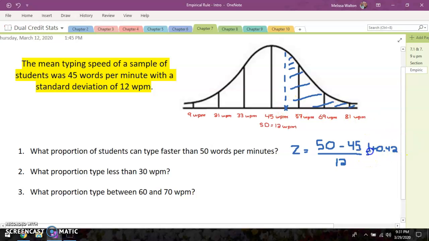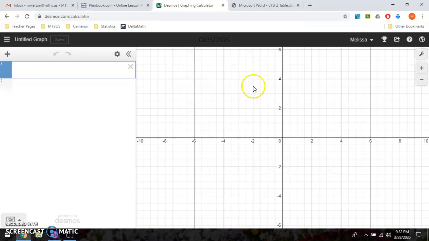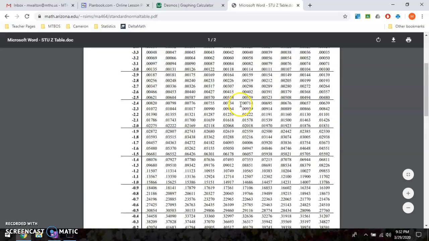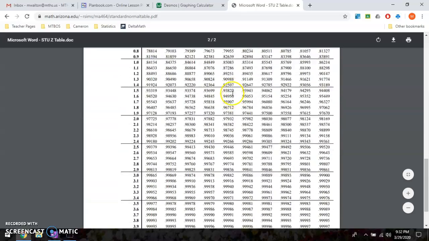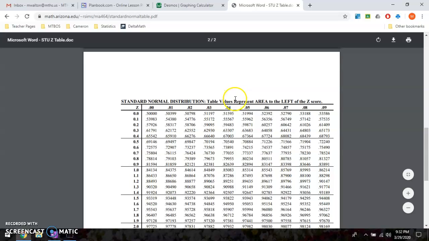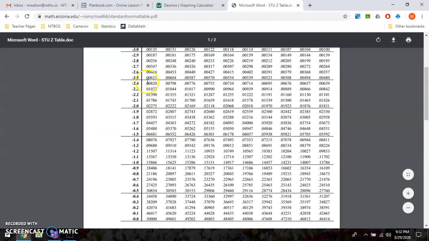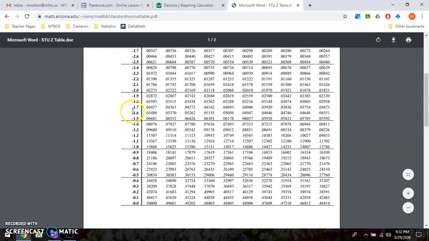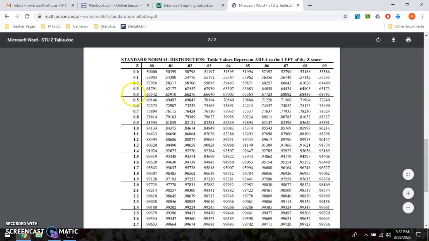Now, back in the old days, this z-score would be our key in figuring out this percentage. Way back when in education, to figure out percentages, you would be given a long document like this full of numbers, and you would say, I need my z-score of 0.42. My z-scores go all the way from negative 3.9. I'm looking for 4.2.